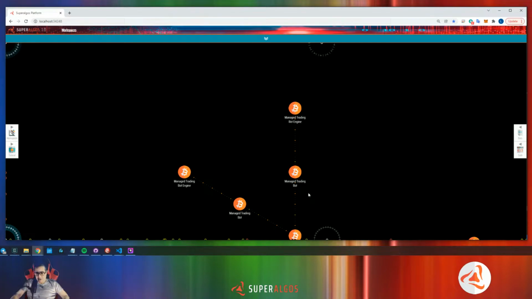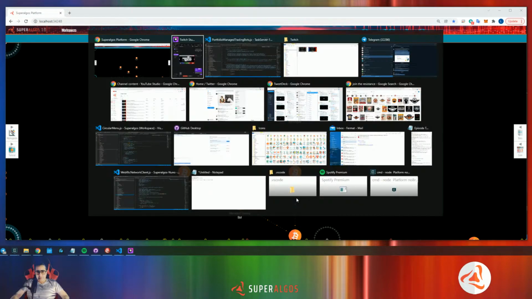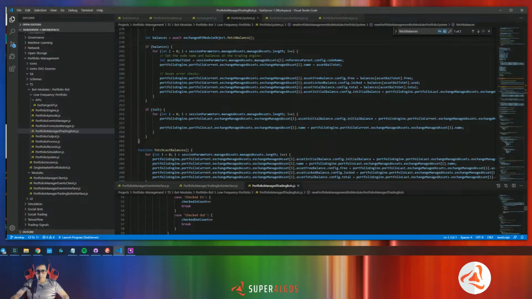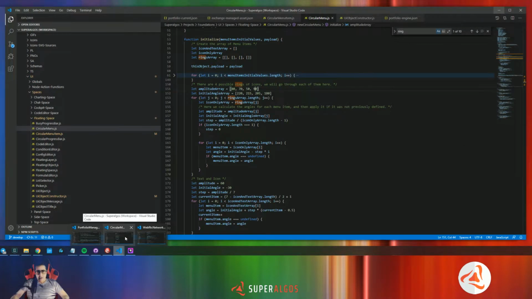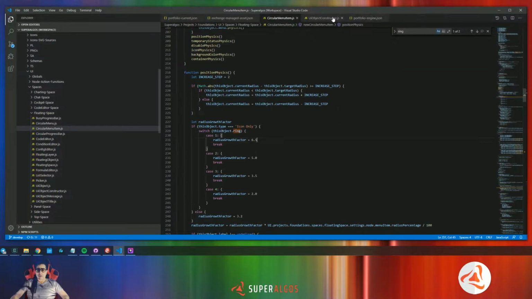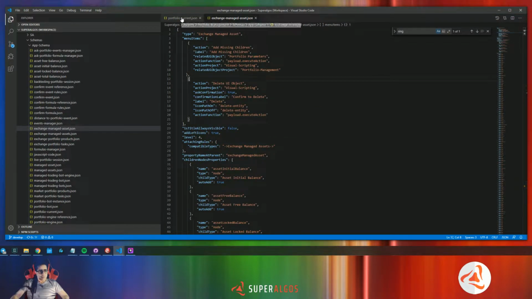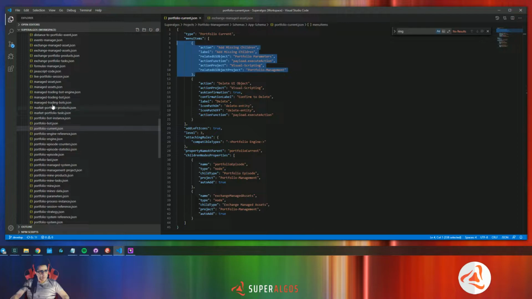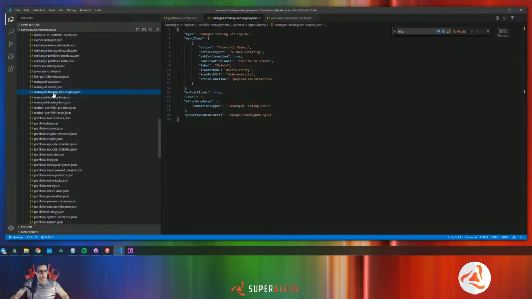So managed trading bot. Okay, we'll use for this managed trading bots.